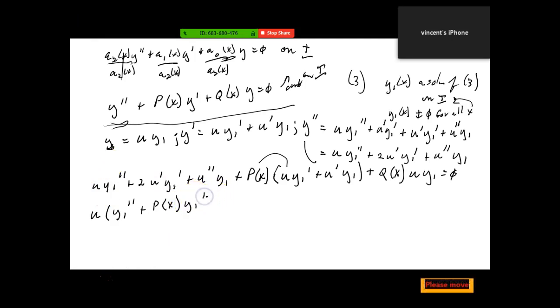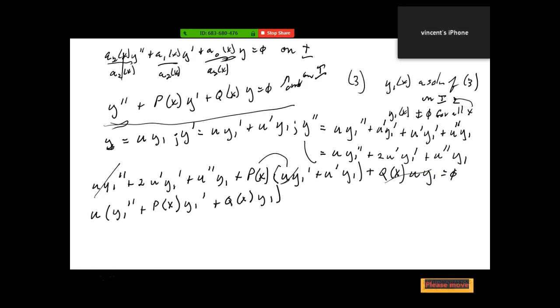y1 prime, okay? And we'll also pull out this one, which is plus q of x. I already pulled the u out, y1. Now I pulled this term and this term out, the ones with the u in it, pulled the u on the outside.